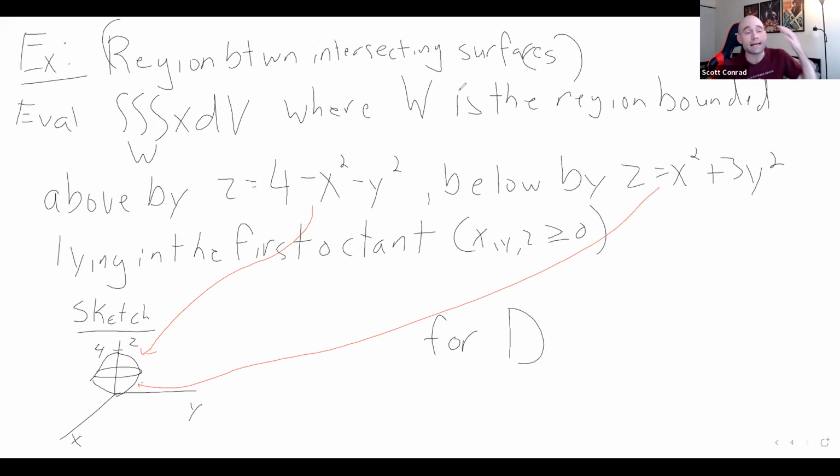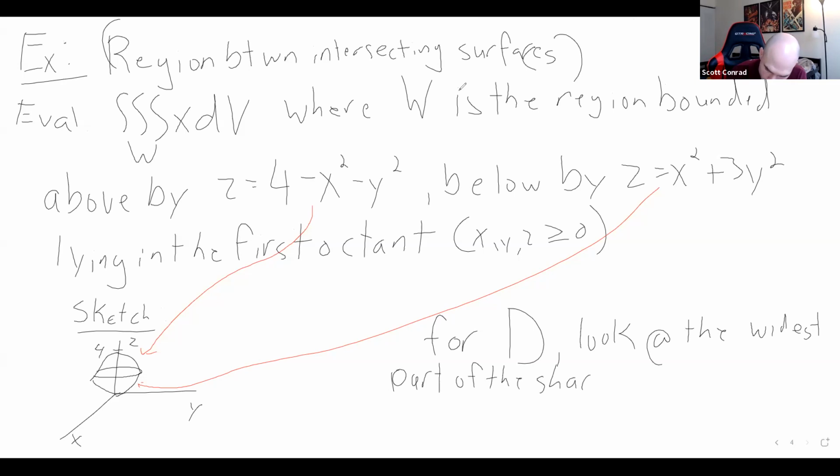So we need to figure out D. That's the hard part of this. So for D, we basically want to look at the widest part of the shadow of W on the XY plane.